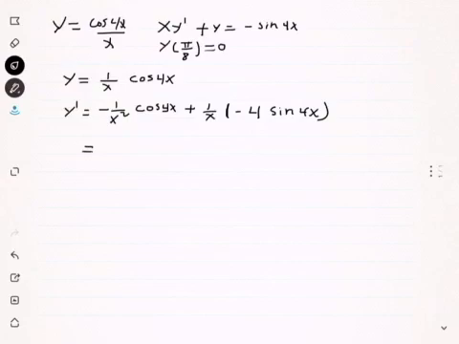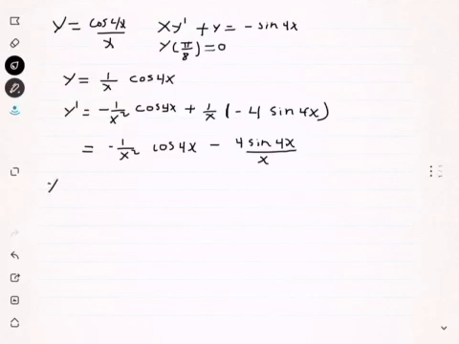Simplifying that, we get minus 1 over x squared cosine of 4x minus 4 sine of 4x divided by x. Alright, now we're going to plug this into y prime in the differential equation.